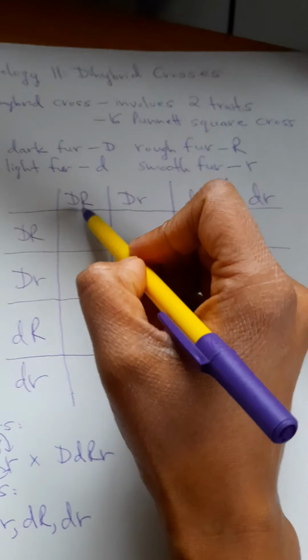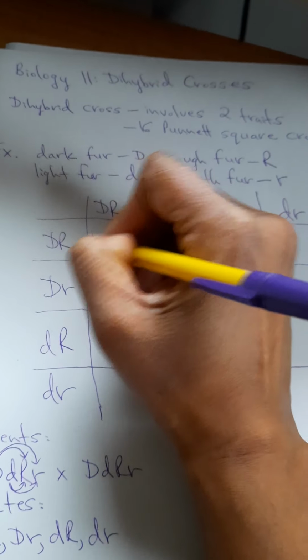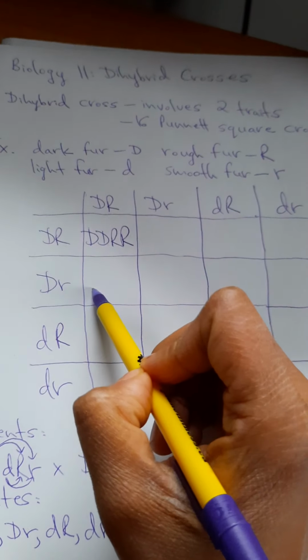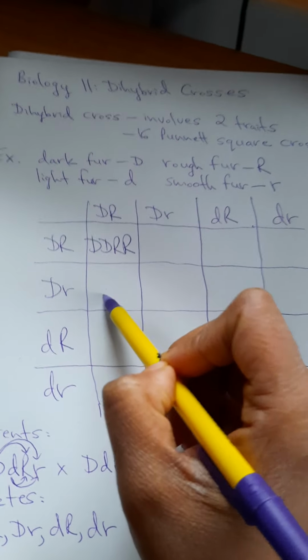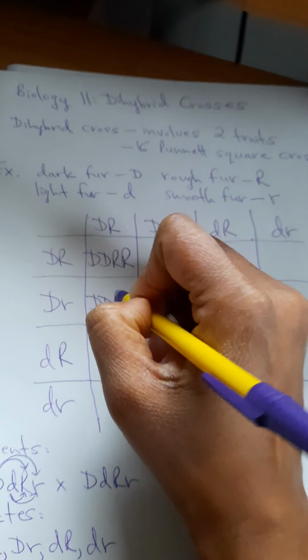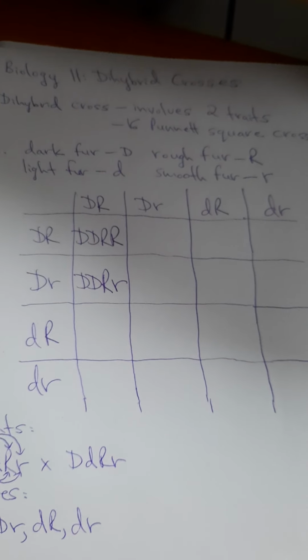So I'm going to bring down these letters. Say I'm doing the first box here. I'm going to put the D's first and then the R's. I'm doing this box here. I'm bringing down the capital D, capital R, and the capital D, small r. So capital D, capital R, small r. Did everyone see that?